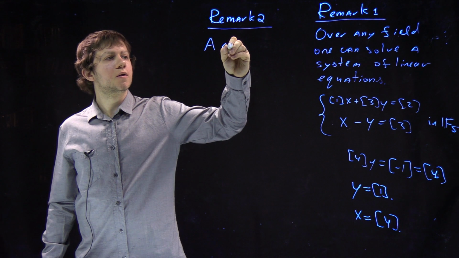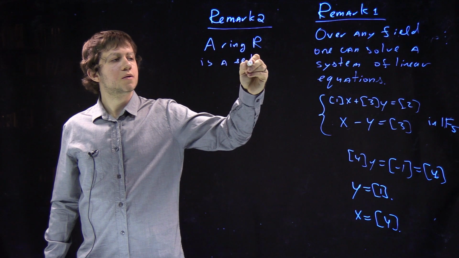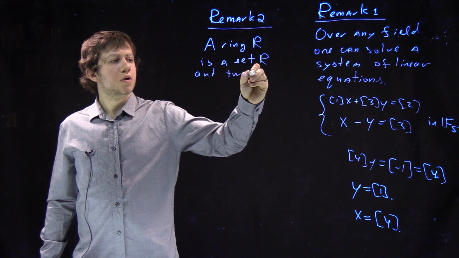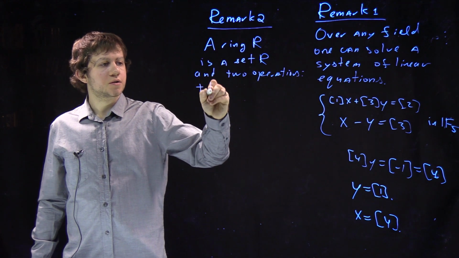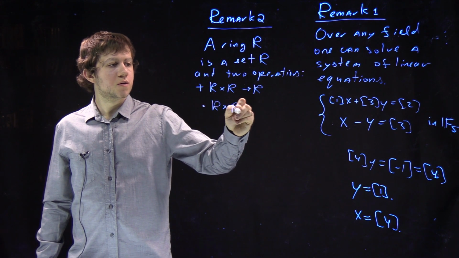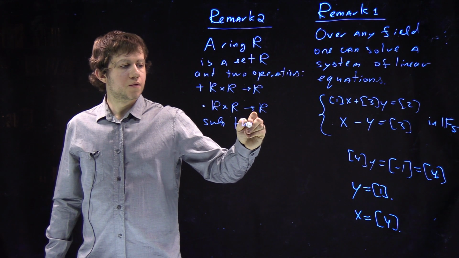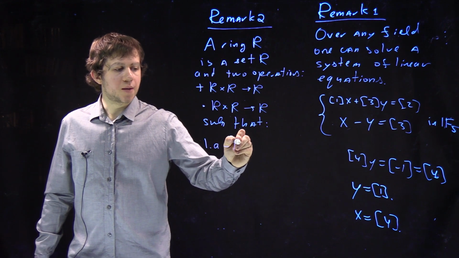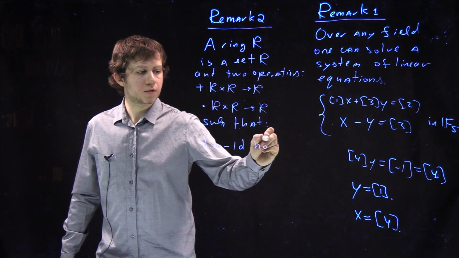So a ring, R, is a set R and two operations, absolutely similar, called addition and multiplication, such that properties 1a up to 1d, so all properties of addition are exactly the same, hold.